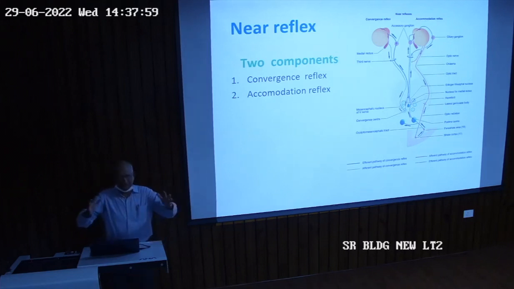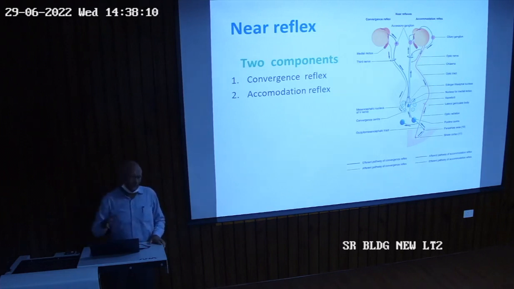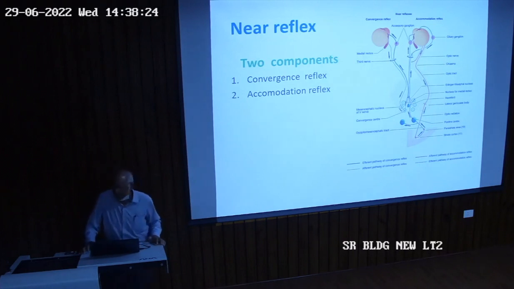Anyhow, in both cases the third nerve nucleus, the Edinger-Westphal nucleus, is innervated, whether by convergence or accommodation. In accommodation it comes from the higher centers, visual cortex and the pontine center. In convergence, it comes from the convergence center, then the Edinger-Westphal nucleus, and the last is the pupillary reaction.